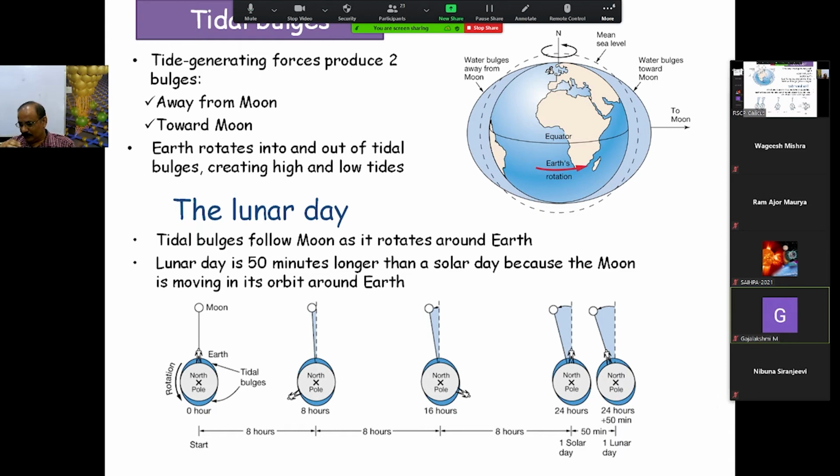So actually there is a bulge in the moon-facing direction. In the other case, where there is no moon, the Earth, since it is getting attracted, moves away from the water. So we always have two bulges, and this bulge is rotating. This bulge is dragging, and that expends our own energy, as we will see.